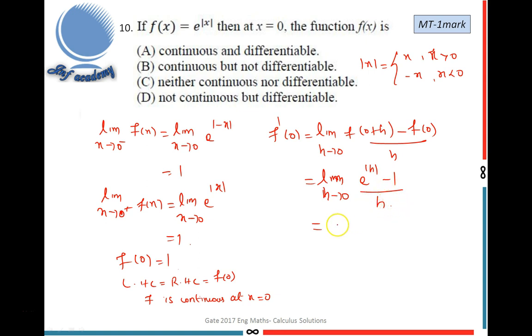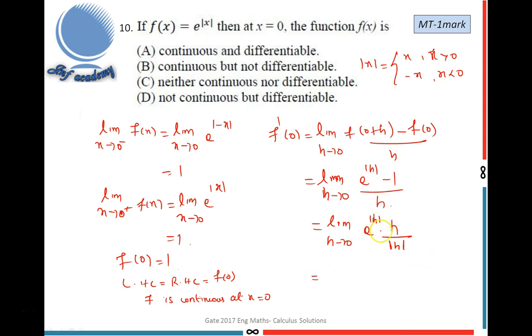So in this place I use L'Hospital rule. L'Hospital rule means differentiation of the numerator, e power modulus h, times the differentiation of modulus h, which is h by modulus h, and the denominator differentiation is 1 divided by 1.